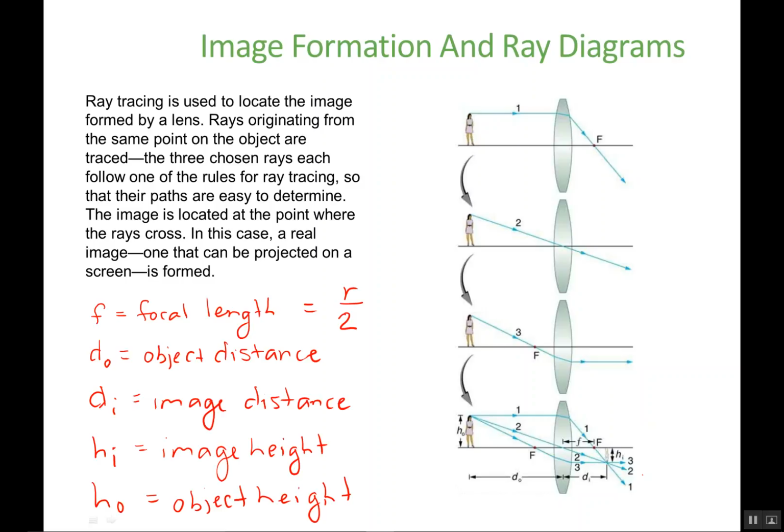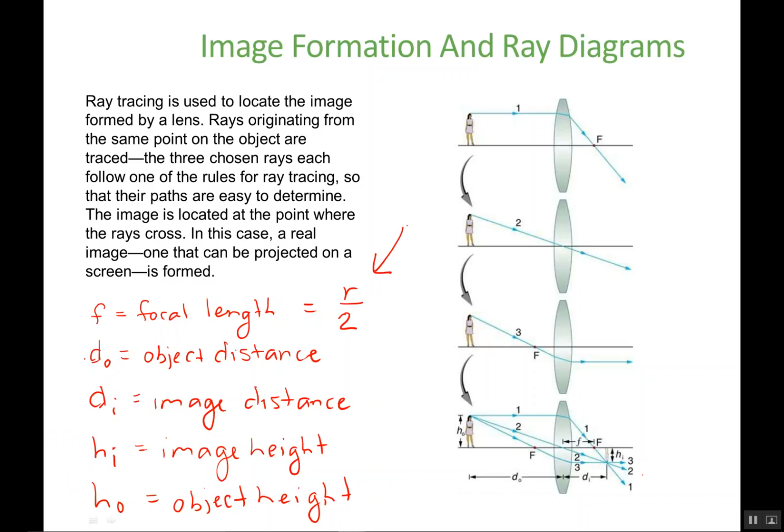Before we move on, let's define a little bit of notation. When we're dealing with ray diagrams, we can denote the focal length, which is the distance from the center of the lens to the focal point on either side of the lens, as lowercase f. And recall that for spherical lenses, the focal length is exactly half the radius of curvature, r divided by 2.